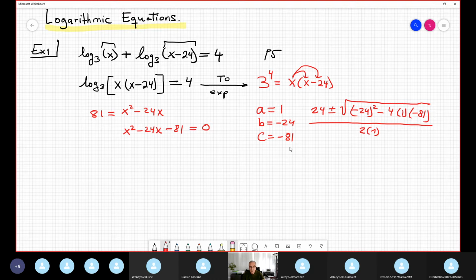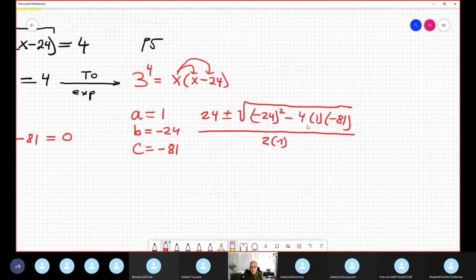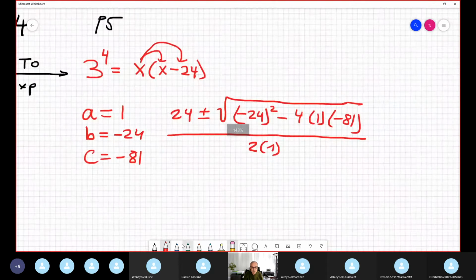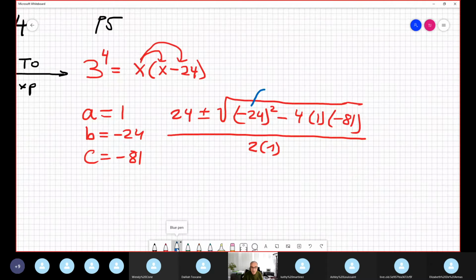Okay, I put it in my calculator, and I focus on the operation inside the radical. Negative 24 is squared. You know it's positive, right? Entonces it's 24 squared. 24 squared is 576.